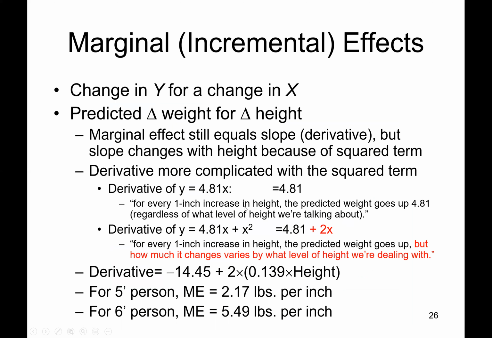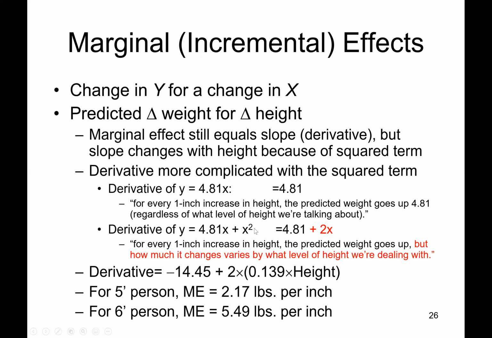As a simplified example, not using the actual output from Stata here, if we're taking the derivative of y equals 4.81x, the derivative of y with respect to x is constant everywhere, that's 4.81. You could interpret that in words as, for every 1 inch increase in height, the predicted weight goes up by 4.81. And you could say that regardless of what level of height we're talking about.